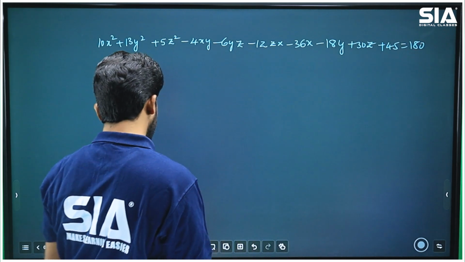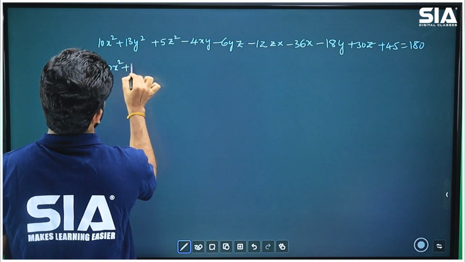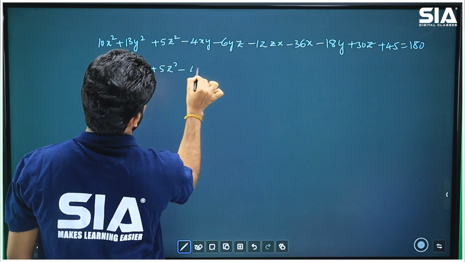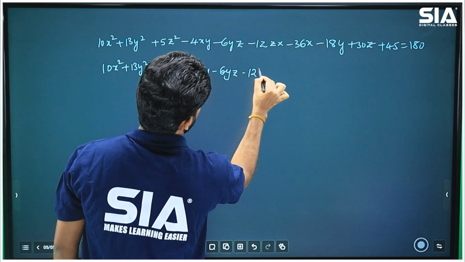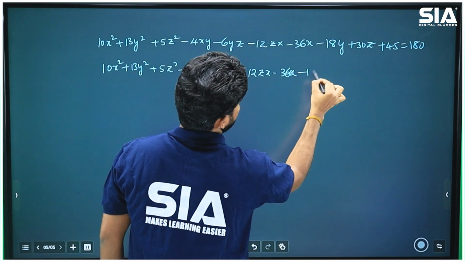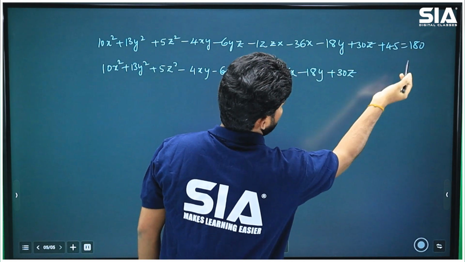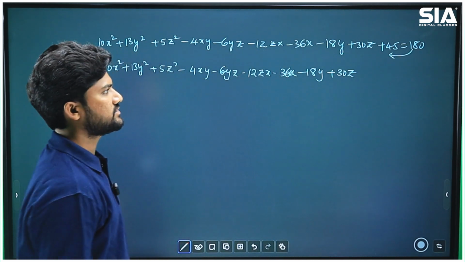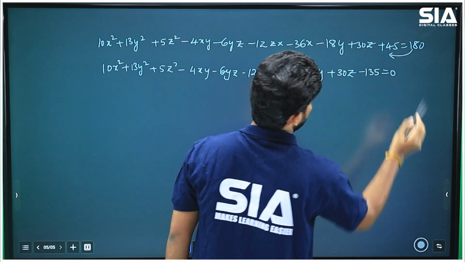So 10x square plus 13y square plus 5z square minus 4xy minus 6yz minus 12zx minus 36x minus 18y plus 30z. So 180, take that 180 value to LHS: 45 minus 180, we can write minus 135 is equal to 0.